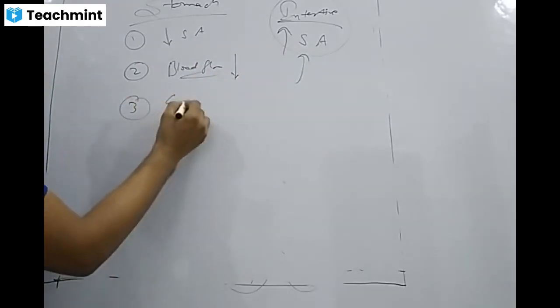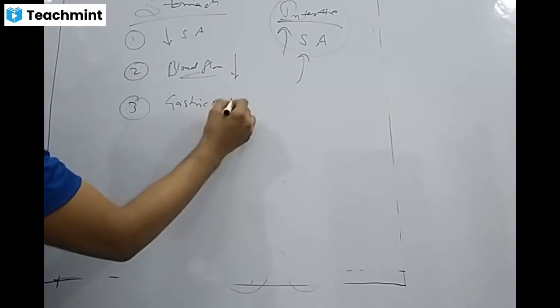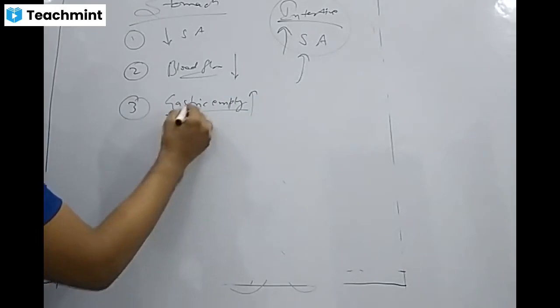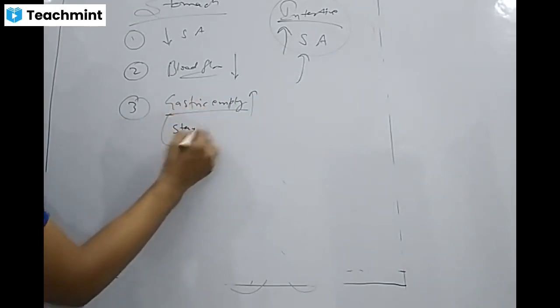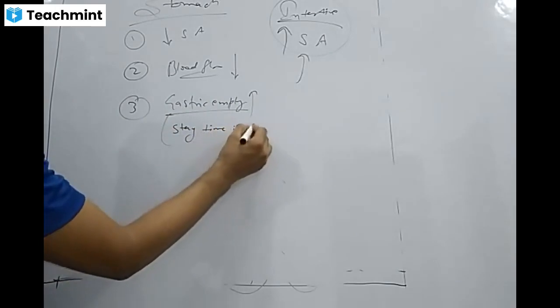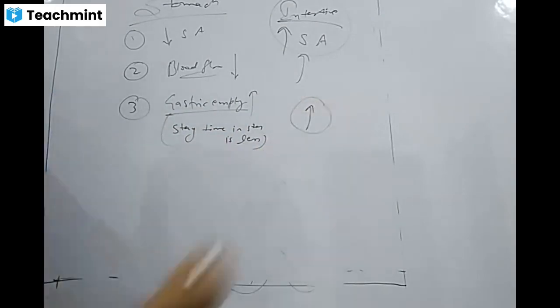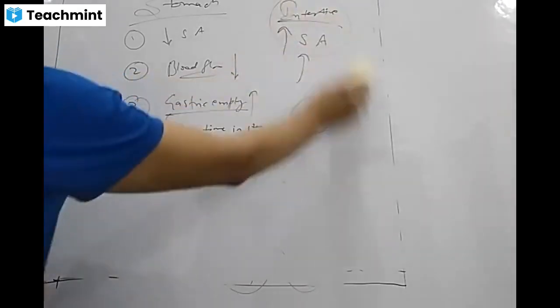Third, gastric emptying is rapid; in other words, stay time in the stomach is less and stay time in the intestine is more. So these are the three reasons which explain why, whether the drug is in ionized form or non-ionized form or lipid soluble or whatever, most of the drug is absorbed from the intestine.